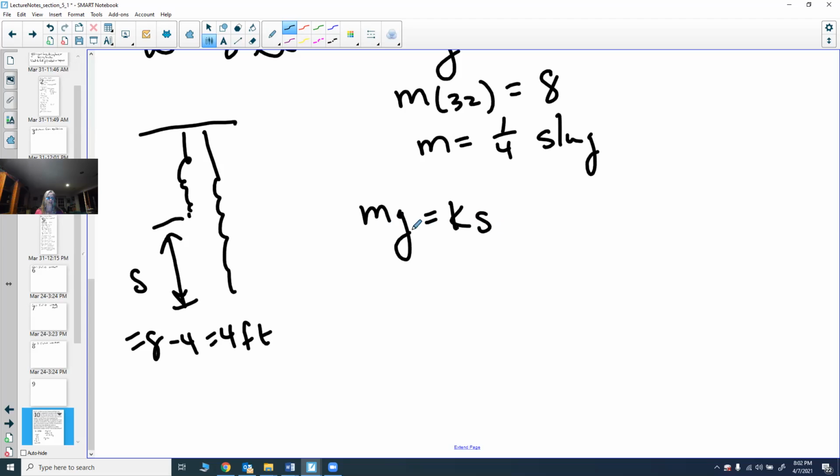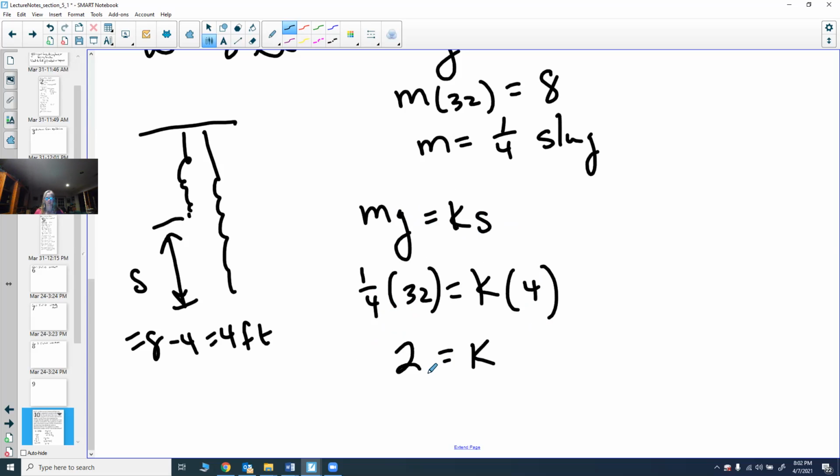So these all nicely cancel each other out if it's not moving. So my mass, which we know is 1/4, gravity we know is 32 feet per second squared, K is what we're trying to find, and we just found S was 4. So therefore we can find out that K is actually equal to 2.